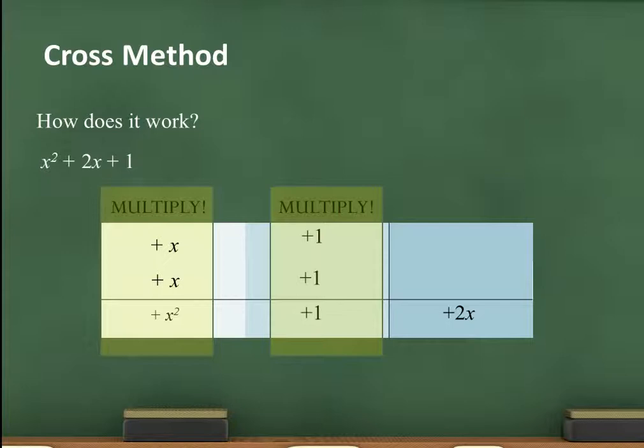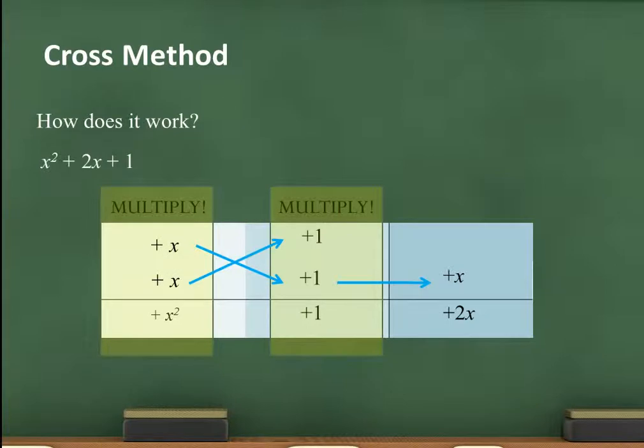Now the last column is slightly special. Before going there, we need to do a cross multiplication. You can see my positive x from the top left hand corner leading down to the positive 1 in the bottom right hand corner. When I multiply them, I get a positive x.